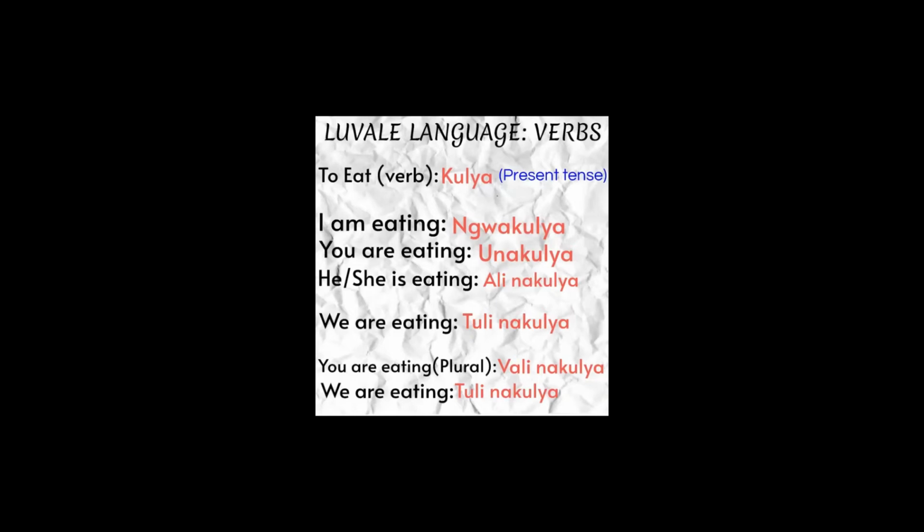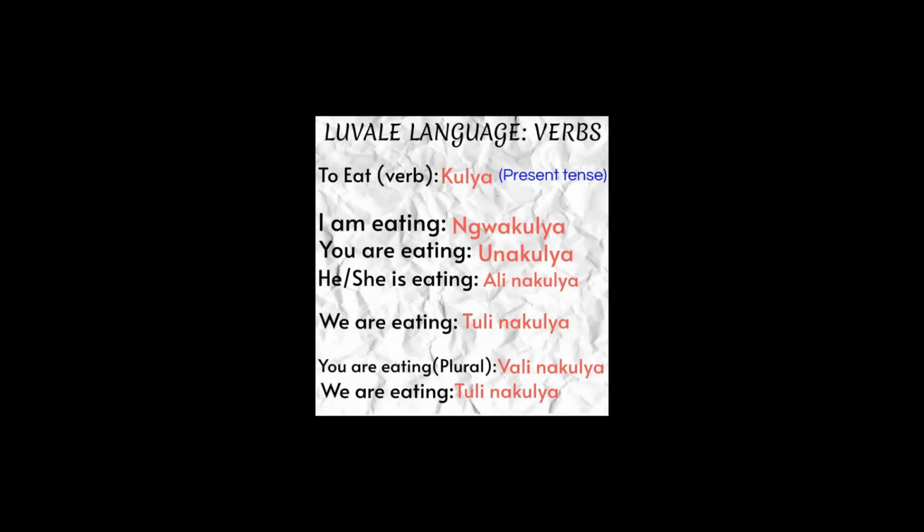So for he or she, you could say alinakulia or anakulia. That's correct. You are very correct if you use either of the two. So for we, you could say tulinakulia or tunakulia or twakulia. Yeah, that's correct.